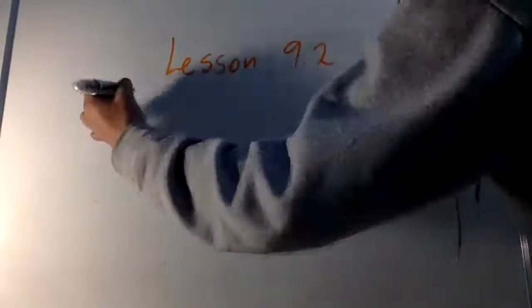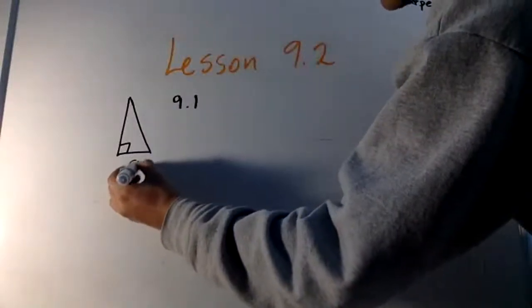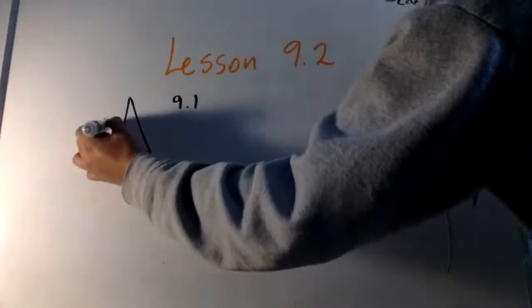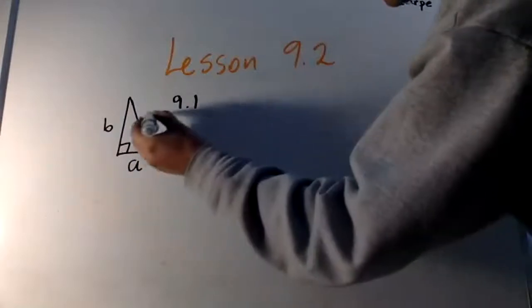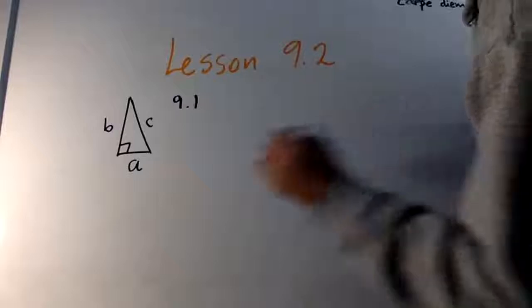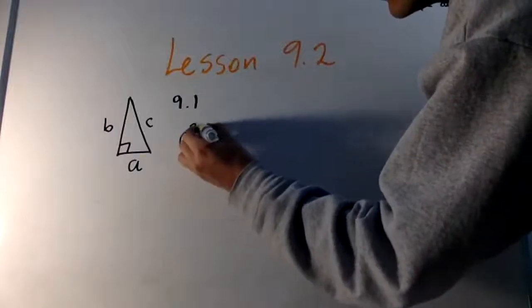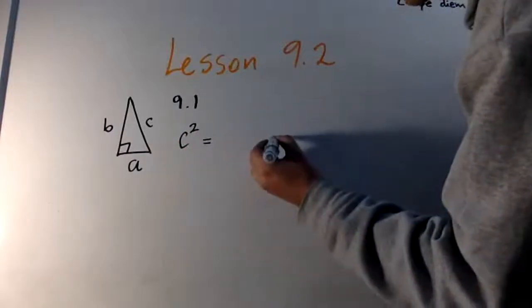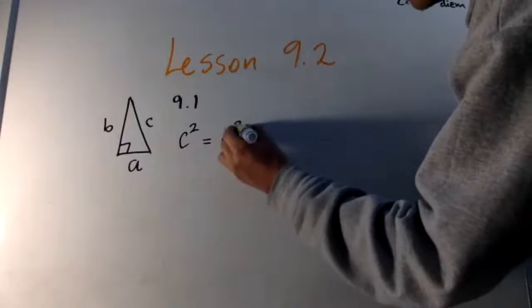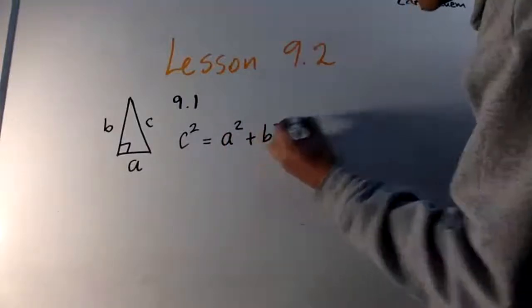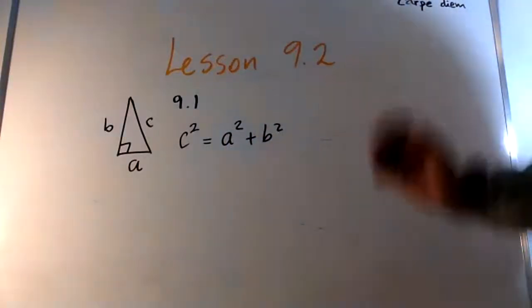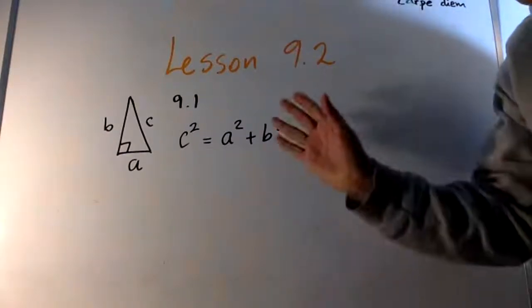What we learned in 9.1 is that this is the short leg A, this is the long leg B, and this is the hypotenuse. If you square the hypotenuse, that is equal to the sum of each of the legs squared.